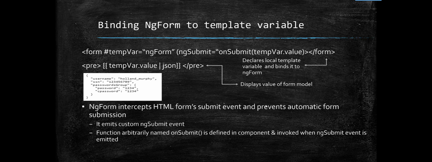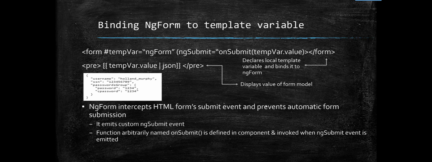The ngSubmit overrides the submit action on a button. So you create an arbitrarily named method in your component file. In this instance, it's onSubmit, and then we pass that local template variable, tempVar, and add a value to it. And that allows us to get all the values of the form.